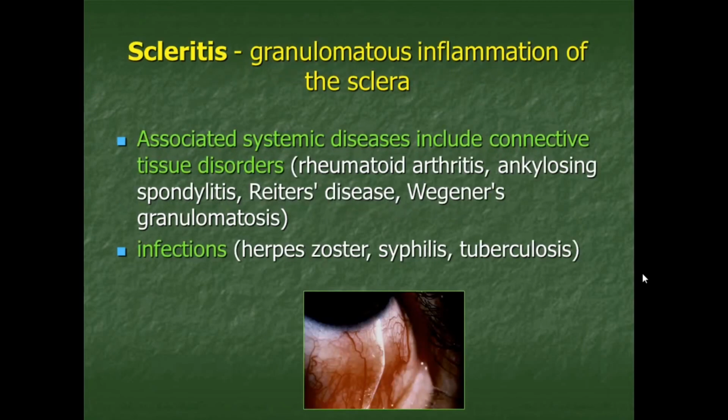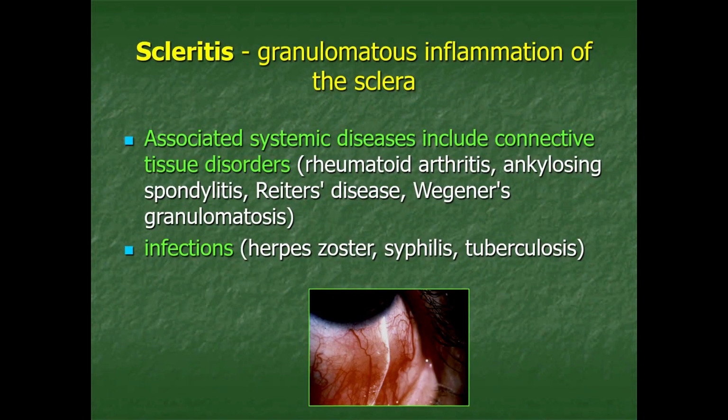Scleritis is a deeper inflammation than episcleritis. Scleritis is a granulomatous inflammation of the sclera. Usually scleritis is associated with systemic diseases like rheumatoid arthritis, ankylosing spondylitis, rheumatoid diseases, Wegener's granulomatosis, or infection like herpes zoster, syphilis, tuberculosis.